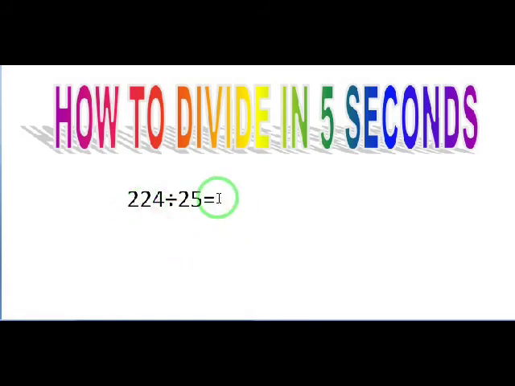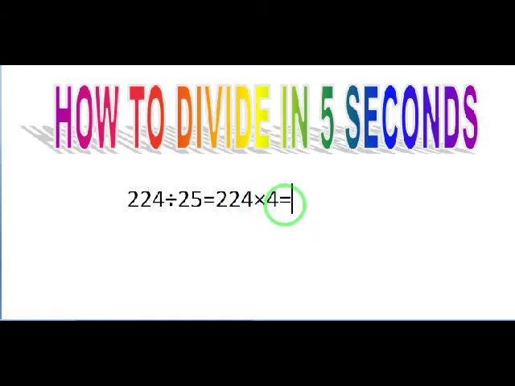So 224 is the dividend, so we have to multiply 224 with 4.